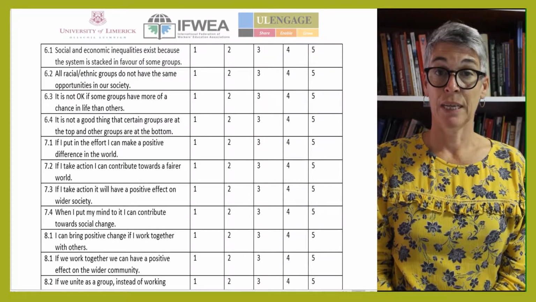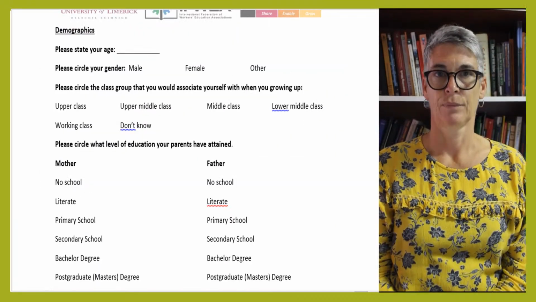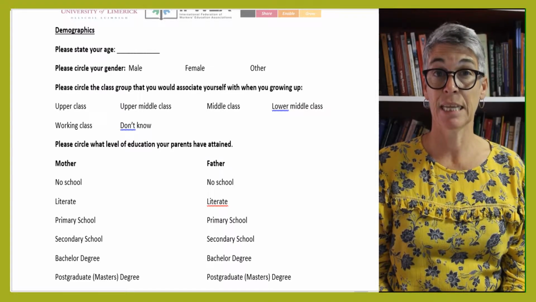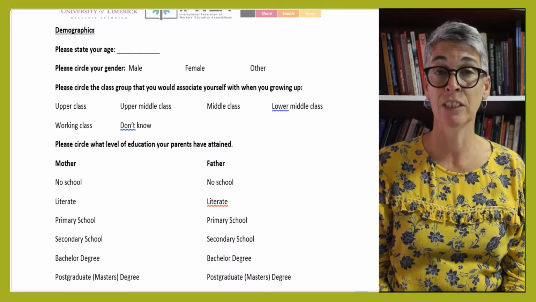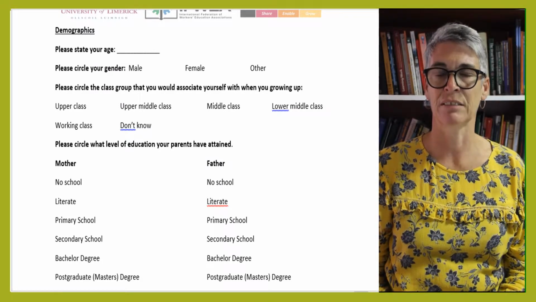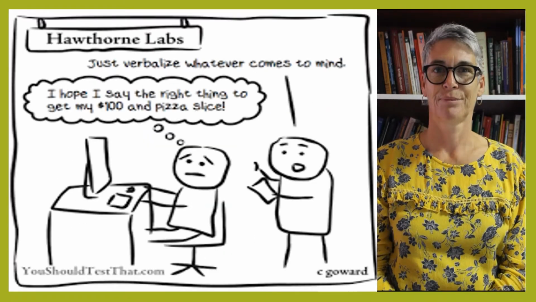Okay, so here's another screenshot of the questionnaire a bit later. And this is the last page of the questionnaire. It's the demographics information page, where I ask participants to give me their age and their gender and some other information about themselves, and then I thank them.